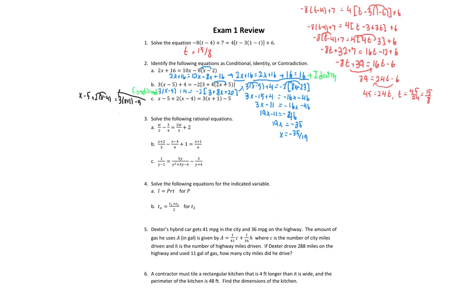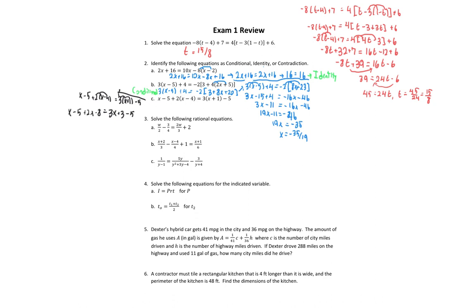So I'll go and distribute these. So we have x, oh my goodness, I keep hitting that eraser button. Okay, so we have x minus 5 plus 2x minus 8 equals 3x plus 3 minus 5.